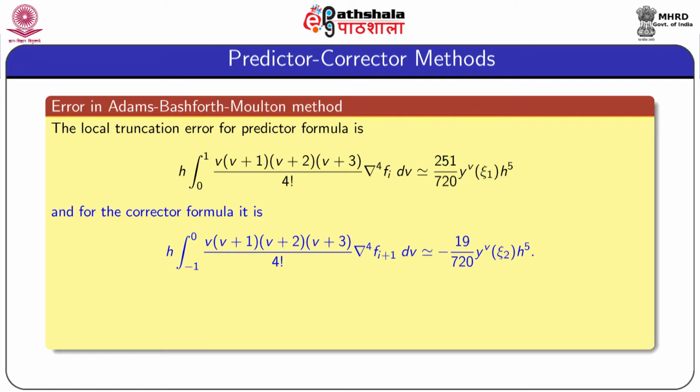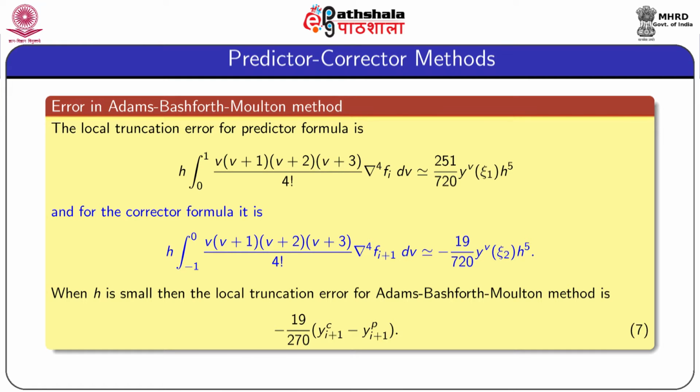And the error for the corrector formula is h into integration minus 1 to 0 of v into v plus 1 into v plus 2 into v plus 3 by factorial 4 into nabla 4 f i plus 1 dv. After integration and replacing the value of the fourth difference, we get minus 19 by 720 times the fifth derivative of y at xi2 into h to the power 5.